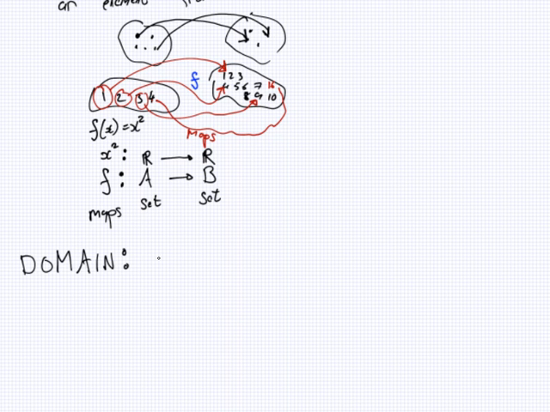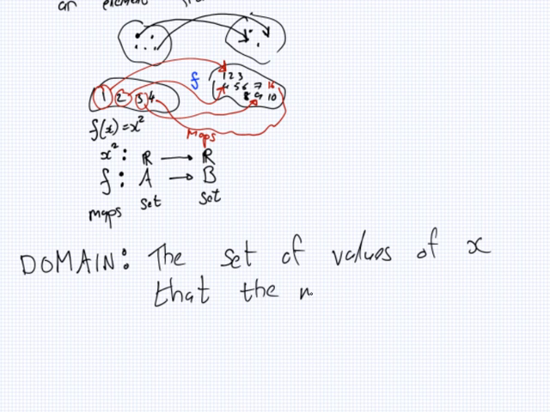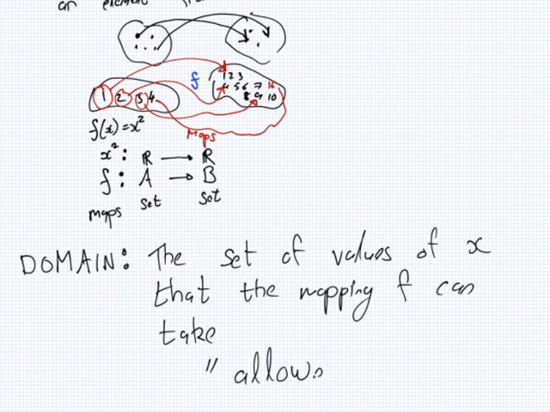In other words, domain is the set of values of x that the mapping F can take. The way I put it simply is it's the allowed x values.